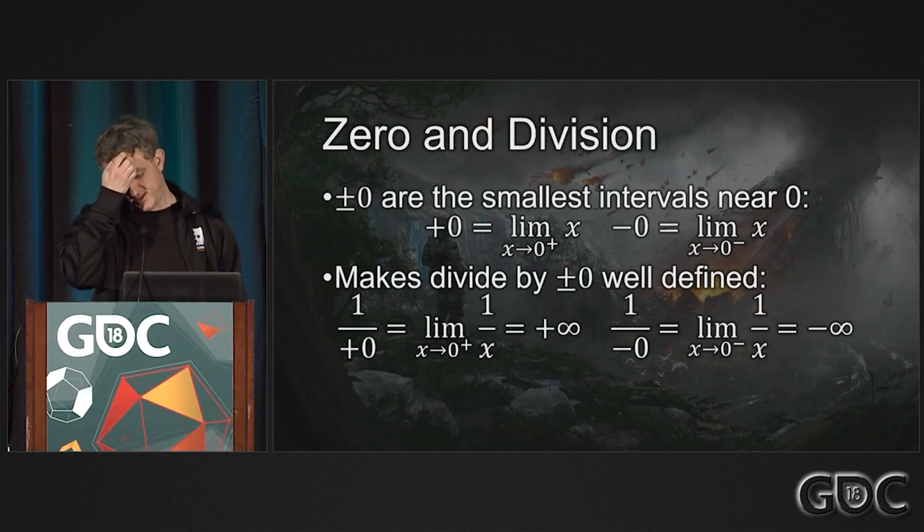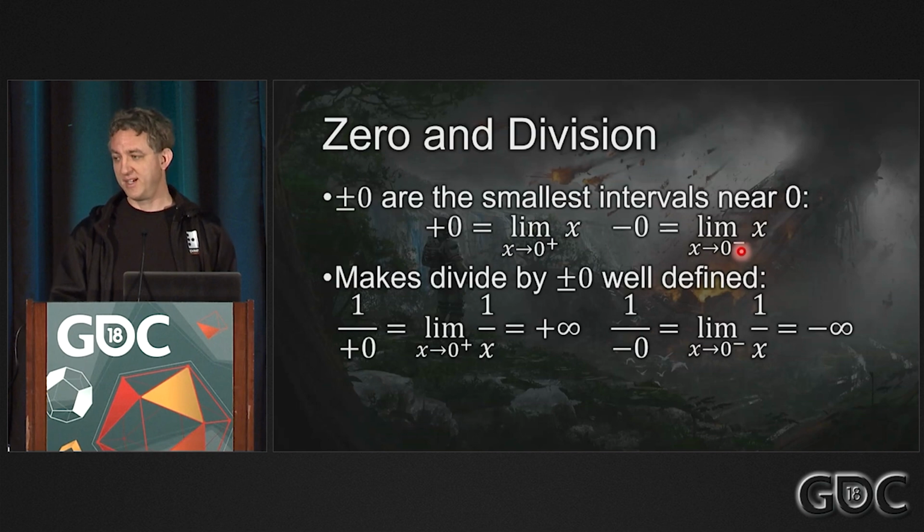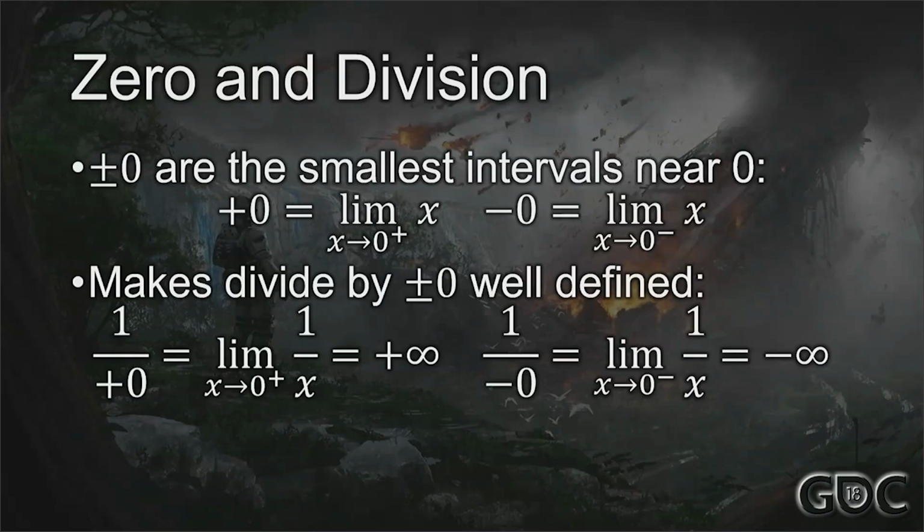So ±0 you can think of as equivalent to one-sided limits as you approach 0. This is approaching 0 from the positive numbers. This is approaching 0 from the negative numbers. And if you do that, it makes divide by 0 well-defined, and it makes plus and minus 0 really useful.